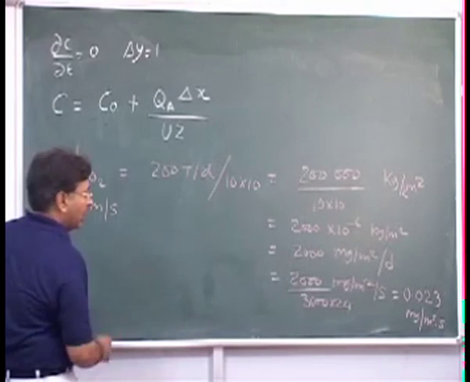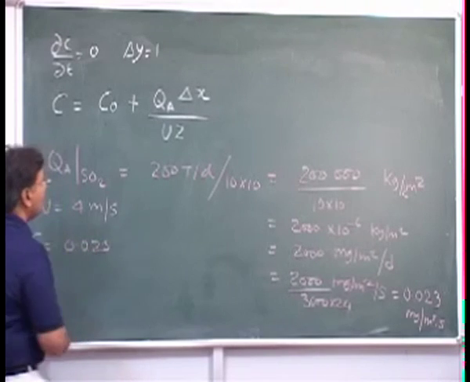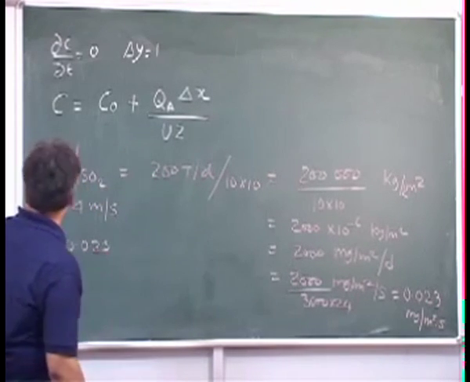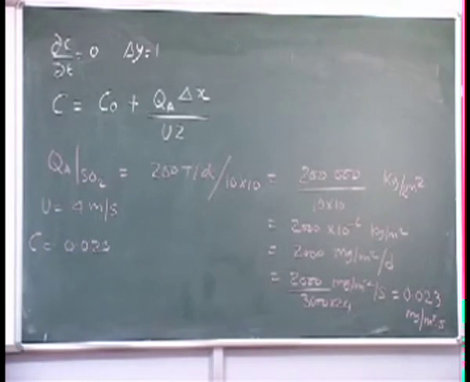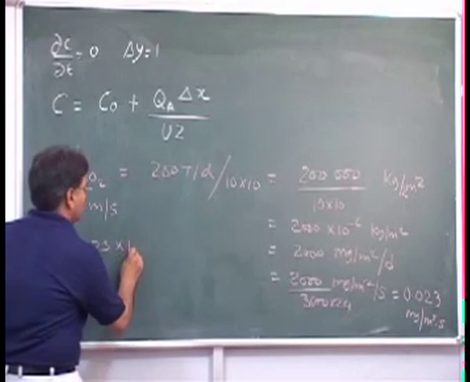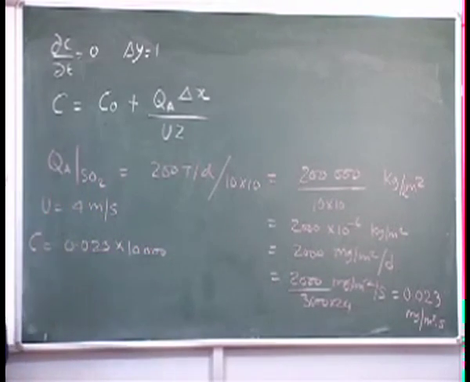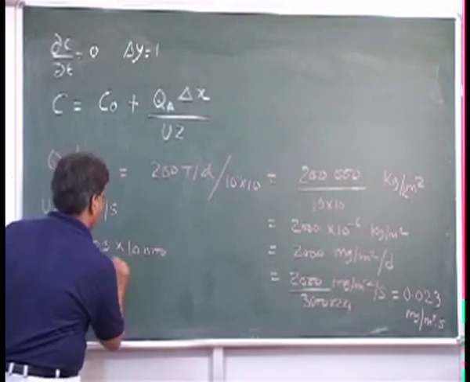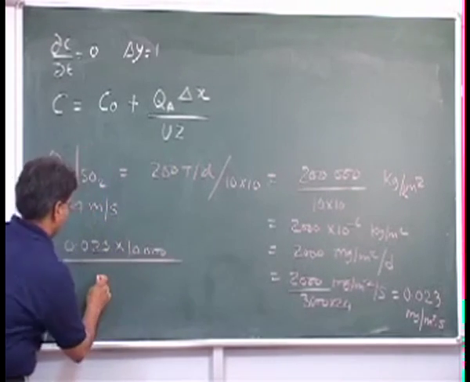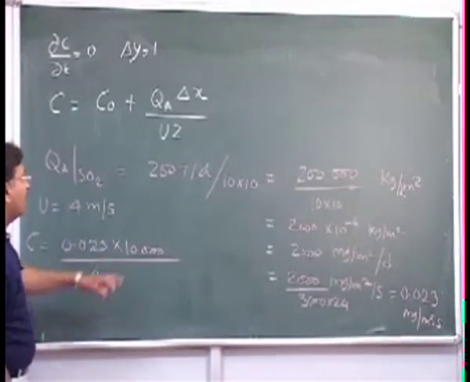So the QA is 0.023 times the delta X. That is the length of the city I can take, alright. That is equal to that many meters divided by 4 meters per second divided by the mixing height.